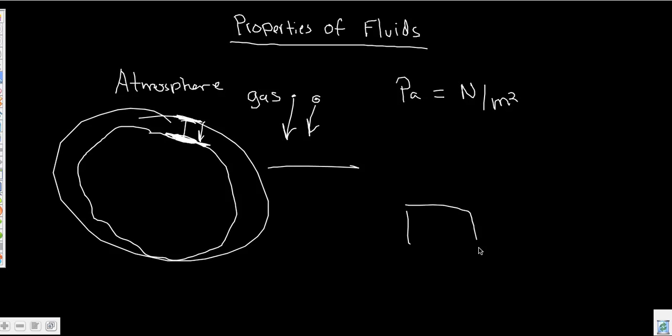So if you think about a square meter, if you could take that 1 square meter all the way up to space, how much force would those particles just in that square meter all the way up have on that surface?